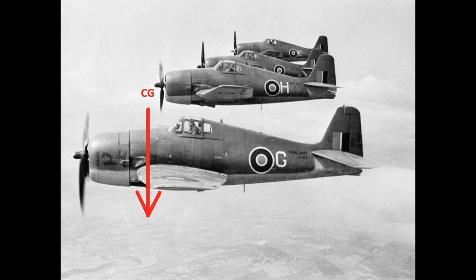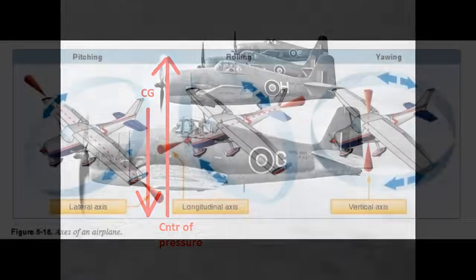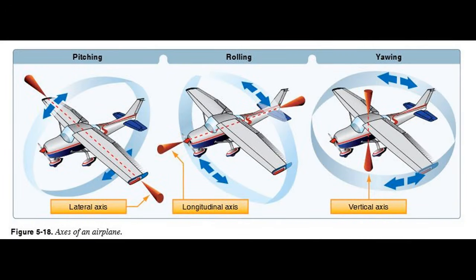Now, let's add a line for center of pressure. Notice that it's aft of the CG. Just looking at it, you might see a problem right away. We know that the plane pitches around the lateral axis and that all three axes run through the center of gravity. Thus, the center of pressure will rotate the plane around the CG and, in this case, force the nose down.